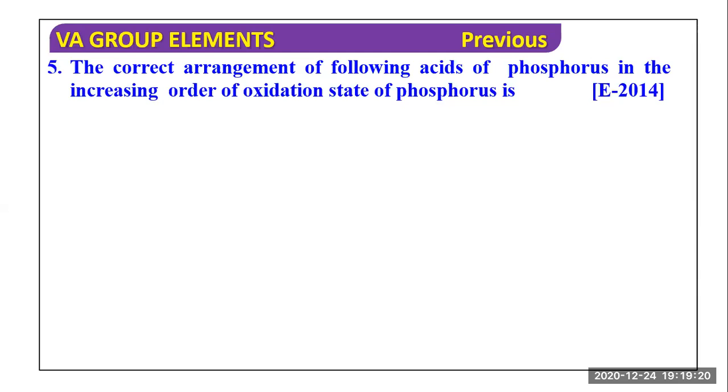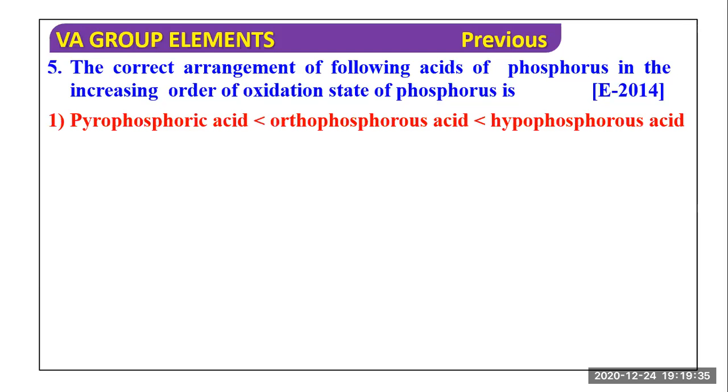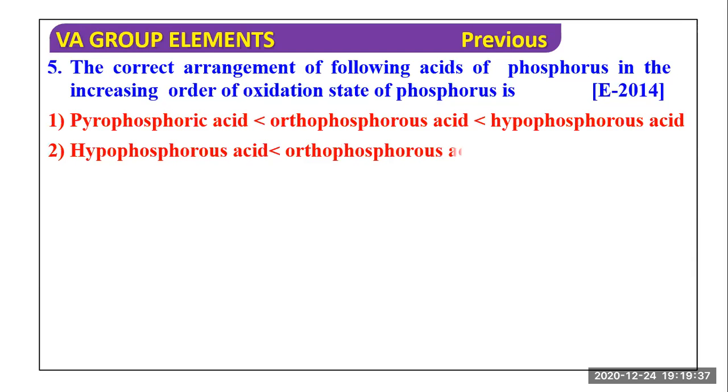The correct arrangement of the following acids of phosphorus in increasing order of oxidation state of phosphorus is: option 1, pyrophosphoric acid less than orthophosphoric acid less than hypophosphorus acid. Option 2, hypophosphorus acid less than orthophosphoric acid less than pyrophosphoric acid.